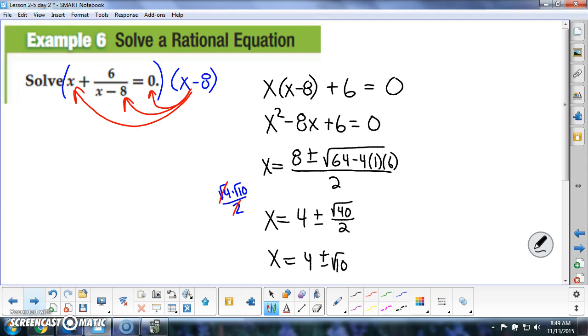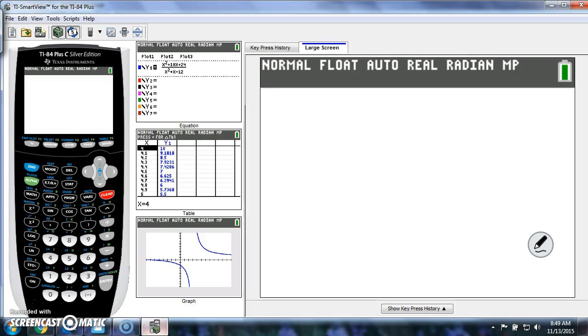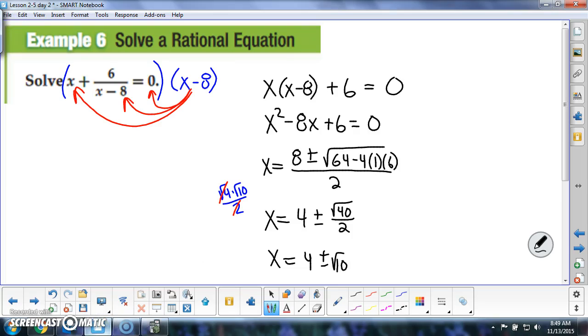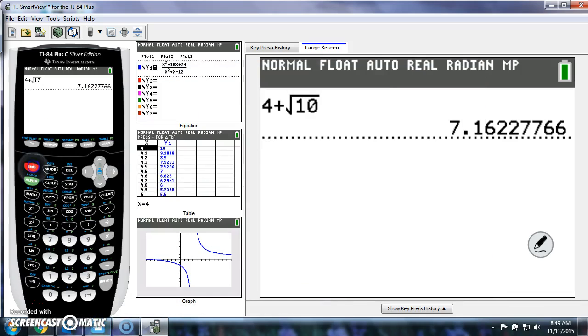Now we still have to check to see if these are extraneous, and we're going to use the calculator to help us with that. So let me show you how we do that. First thing we do is type in 4 plus the square root of 10 and get a decimal approximation. And then I'm going to put it back into this equation, so I'm going to use the answer function. Second negative sign, ANS, stands for use the previous answer.